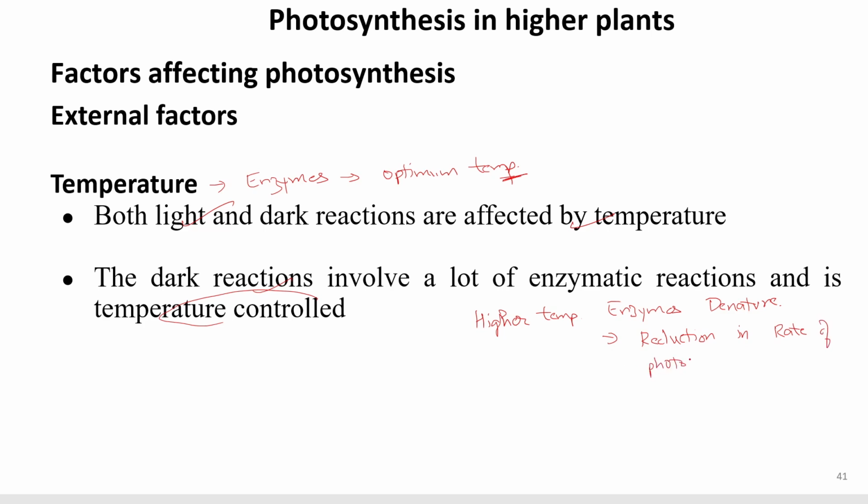And if we talk about the optimum temperature, at optimum temperature, what happens? Maximum rate of photosynthesis.